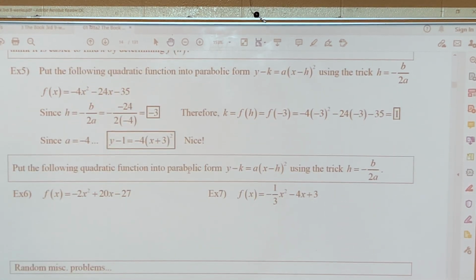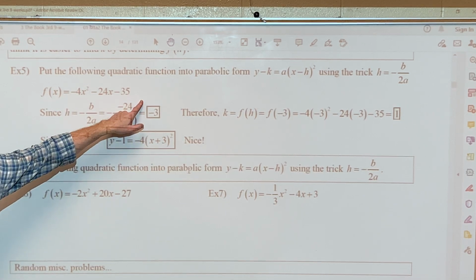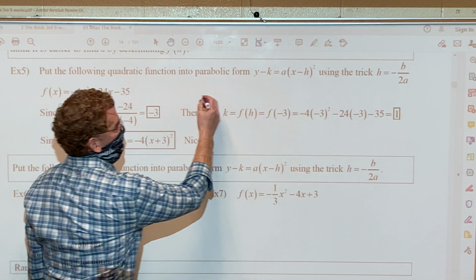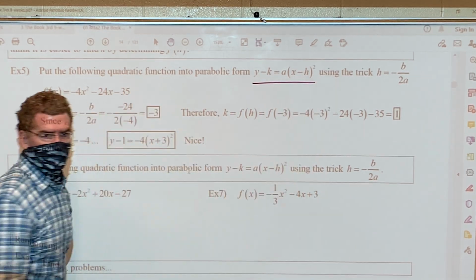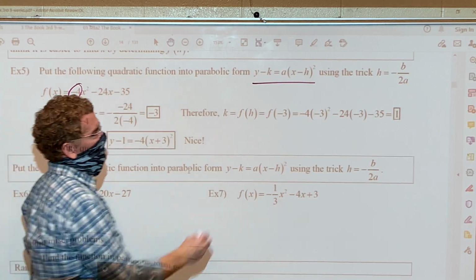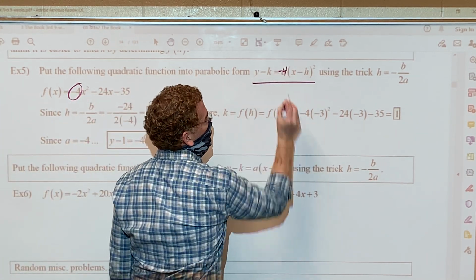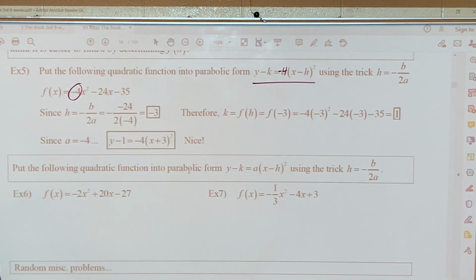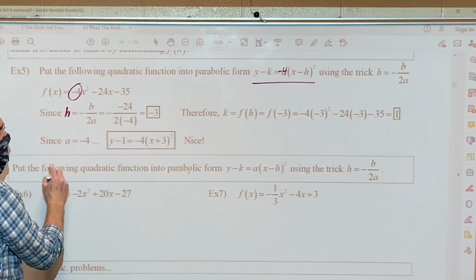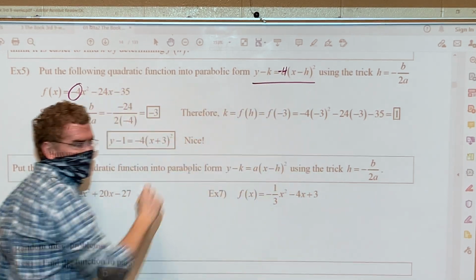So right here, random function, right? Rather than going through the completing the square process, my goal is to fill out that equation. Now the easiest part is the a. The a is the same, negative 4, right there. How do I find the x coordinate of the vertex? Now remember, the x coordinate of the vertex is the h in the (h, k), right?